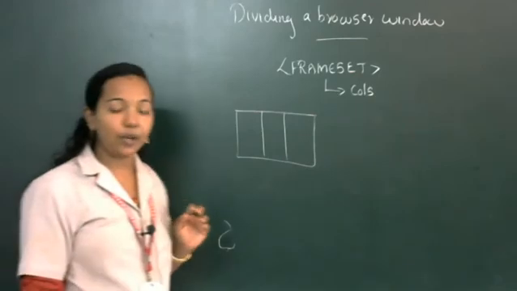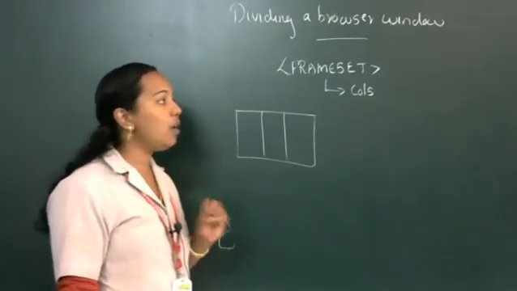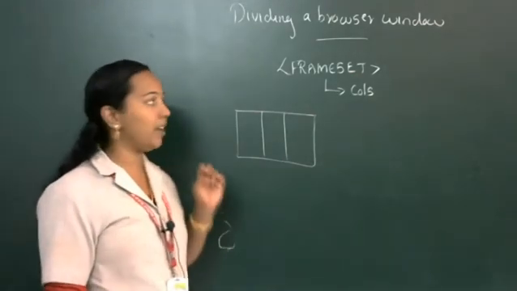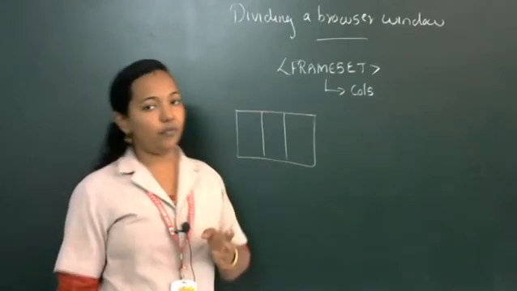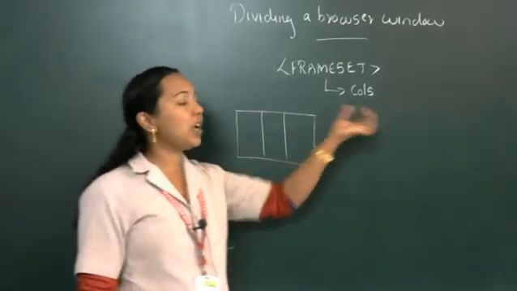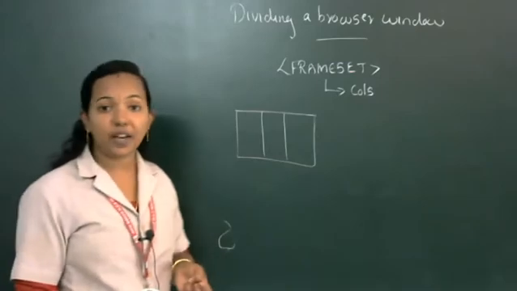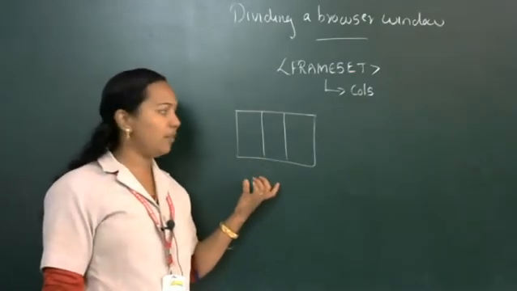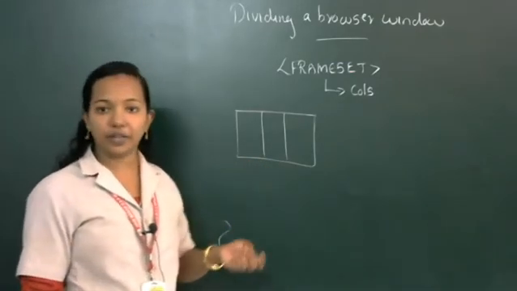So the first attribute of the frameset tag is the cols attribute. What is the first attribute? Cols attribute. Cols attribute is used for dividing the browser window in column wise manner. Then using the cols attribute we can specify the amount, that means on which basis we are dividing the browser window.